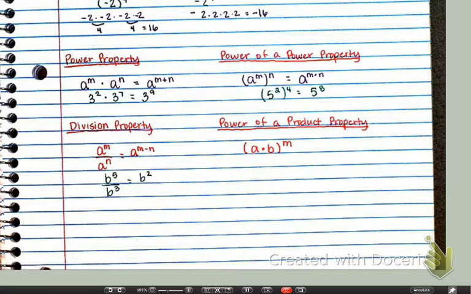Now, before we go through the rule, what do you notice about this particular property in comparison to the rest of them? We can't really do anything with what's in parentheses because it's an A and a B. If it was 2 times 3, sure, we can multiply 2 times 3 first, right?